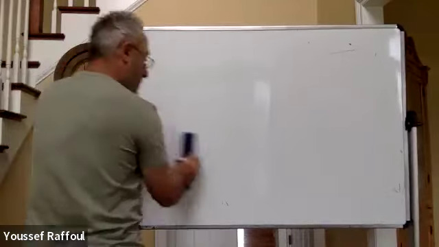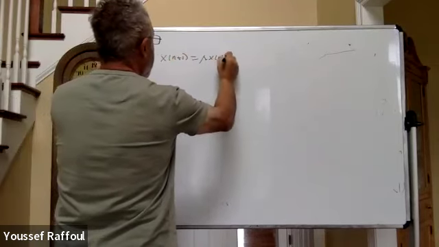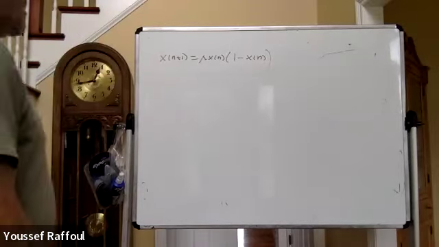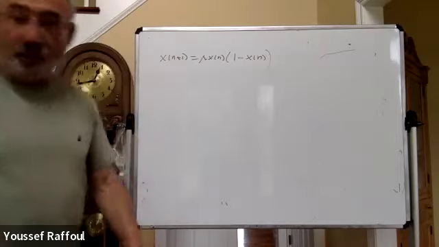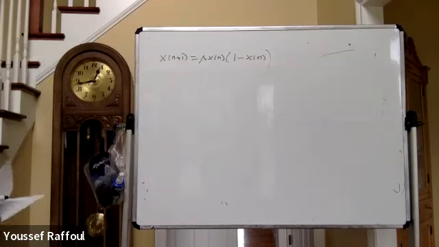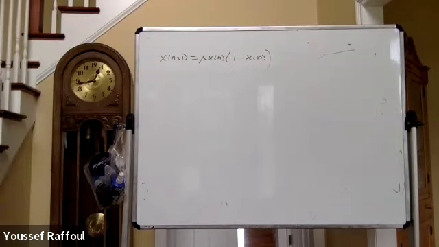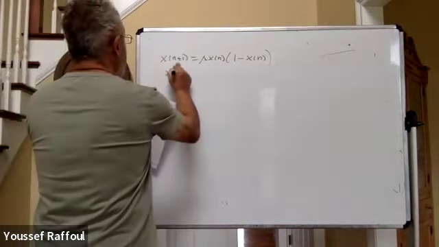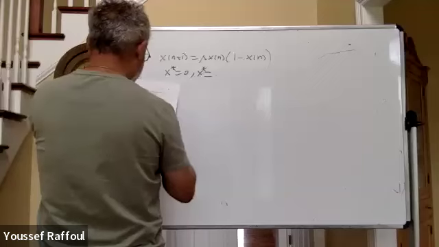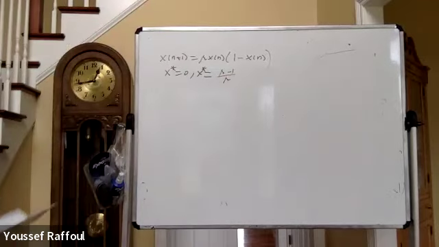So let us talk about something different. Let's talk about x_{n+1} = r x_n (1 - x_n). So we know for k equal 1 here, we know x star equals 0 and x star equals (r - 1)/r.